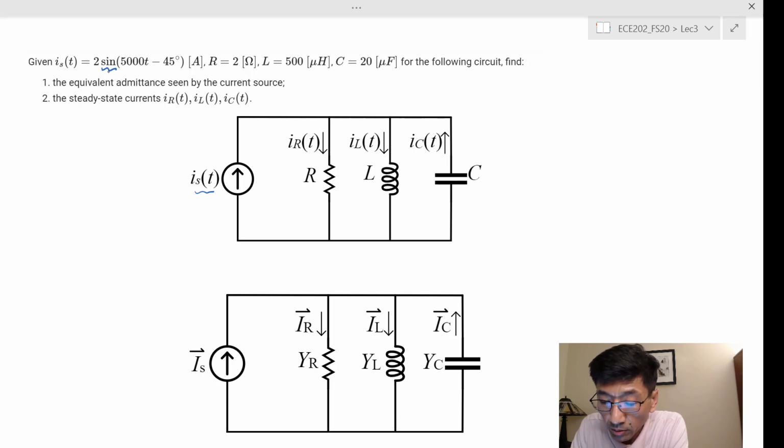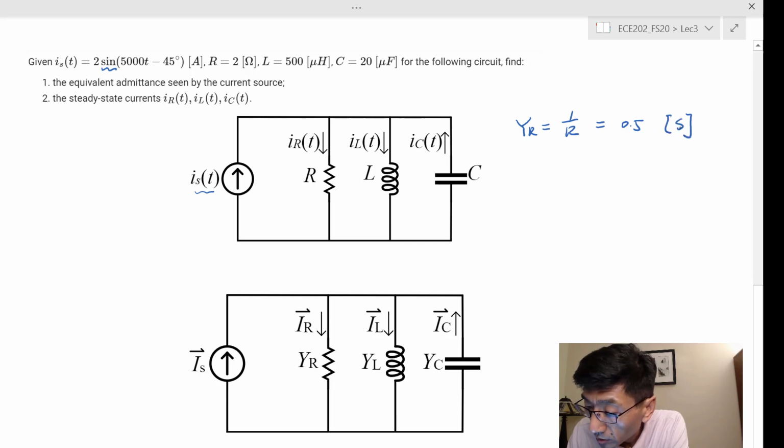And for the steady state, admittance actually is not that difficult to find. So the admittance, we can find y sub r is equal to 1 over r, right? So you have numbers. This one is easy, 1 over 2 Siemens. And y sub L is equal to 1 over j omega L, 1 over ZL. Omega is 5,000, by the way, right?